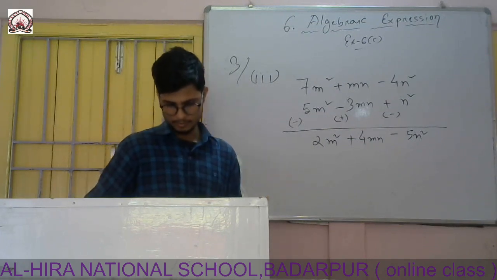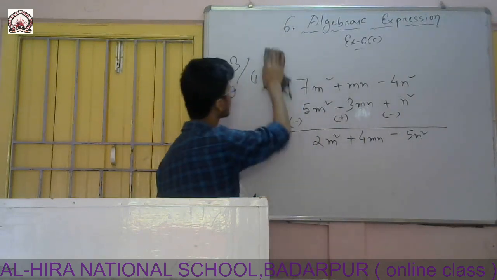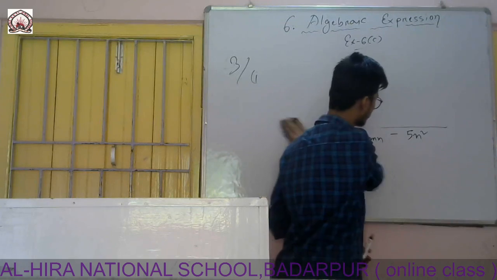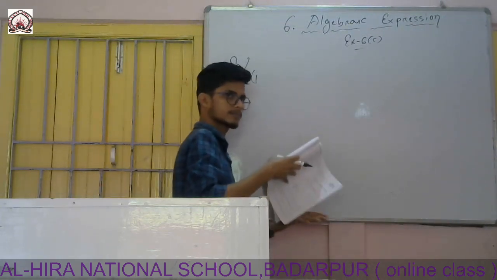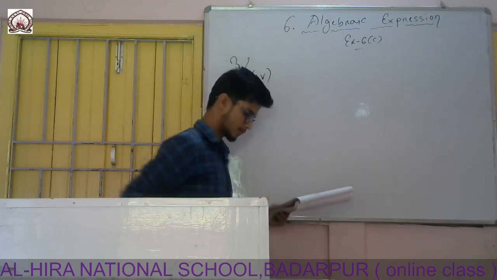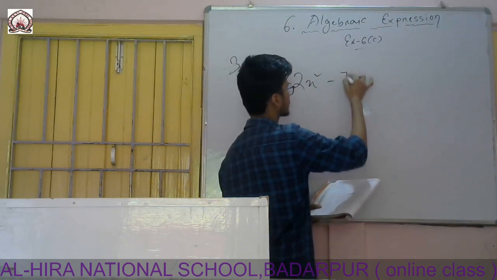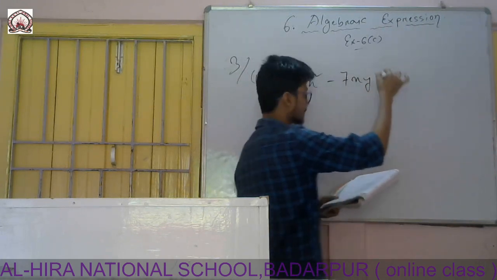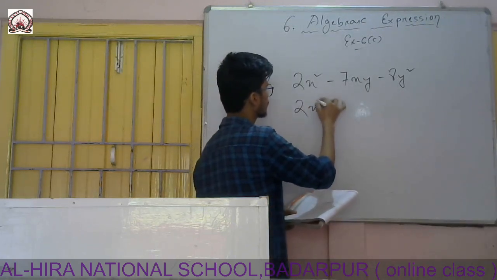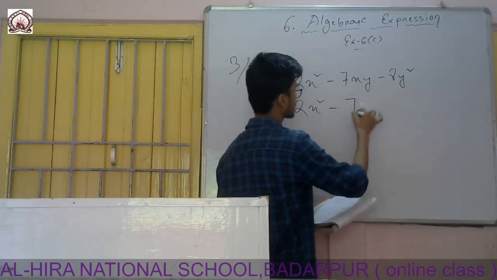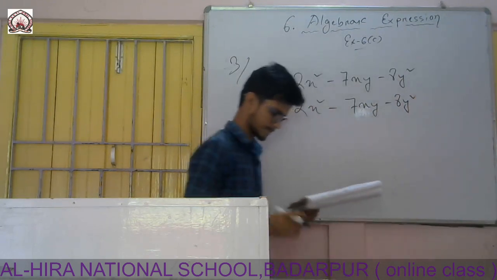Okay, so let's solve Roman number 4. The question is 2x square minus 7xy minus 8y square, and there it is again 2x square minus 7xy minus 8y square.